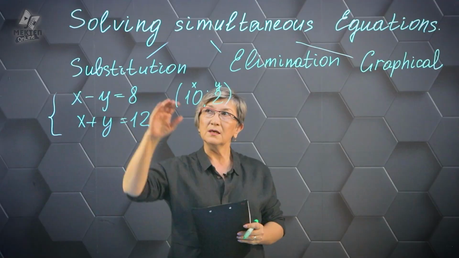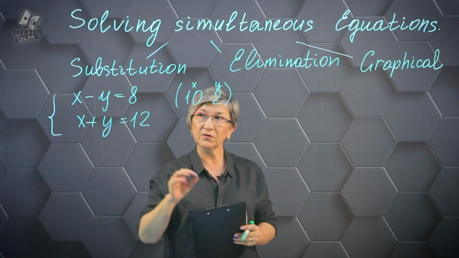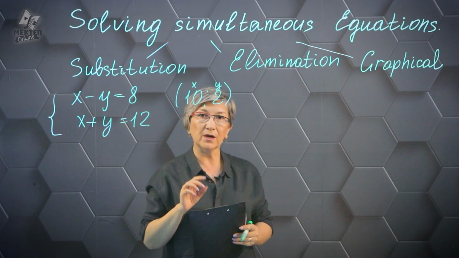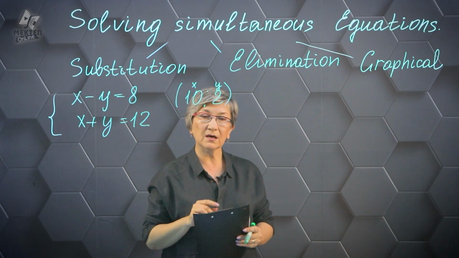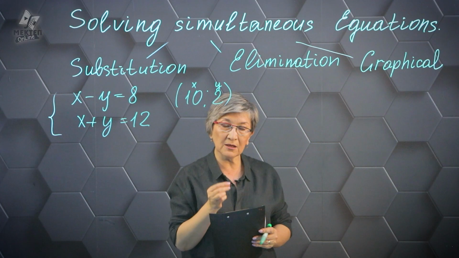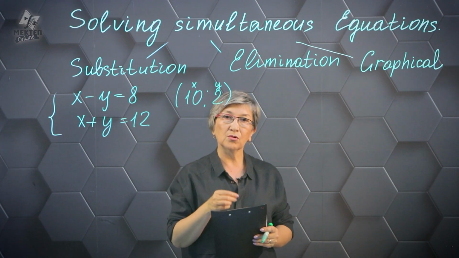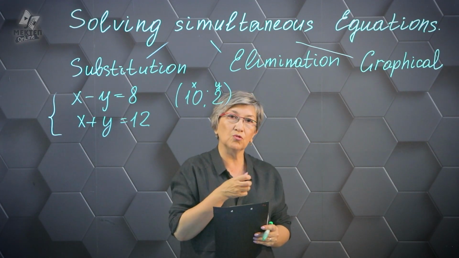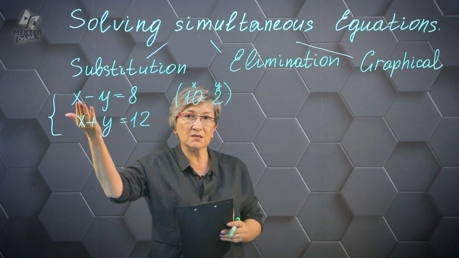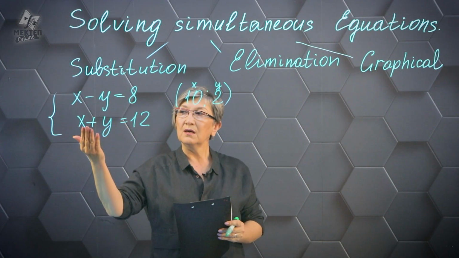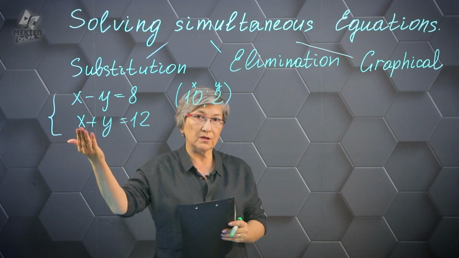What do we need to do for that? If we're talking about the substitution method, I choose any of these equations. But most importantly, in these equations, I choose a variable that I express through the other variable. In our case, we can choose the variable x from the first equation or variable x from the second equation.